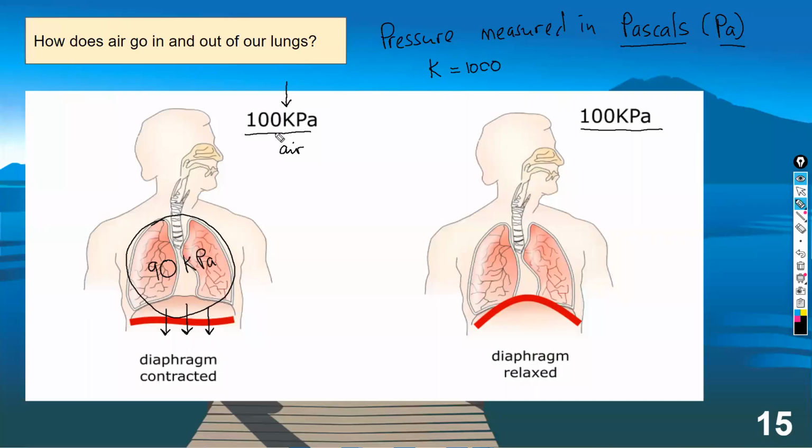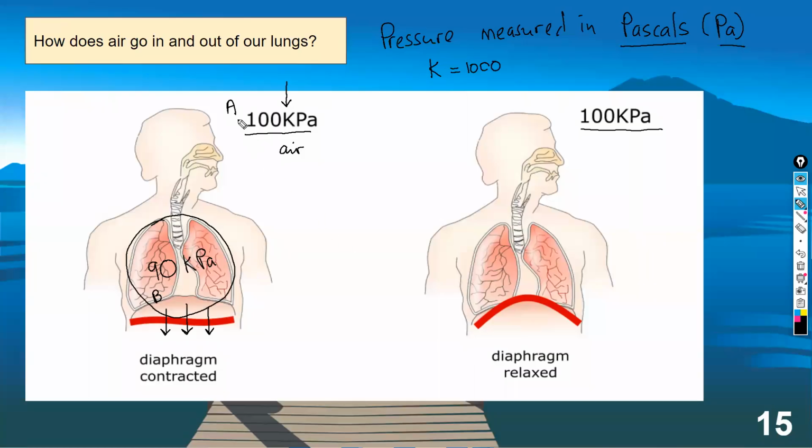So if outside we call it A and inside your body we call it B, how will the air move now? Will it move from A to B or B to A? Remember, pressure always moves from higher to lower.